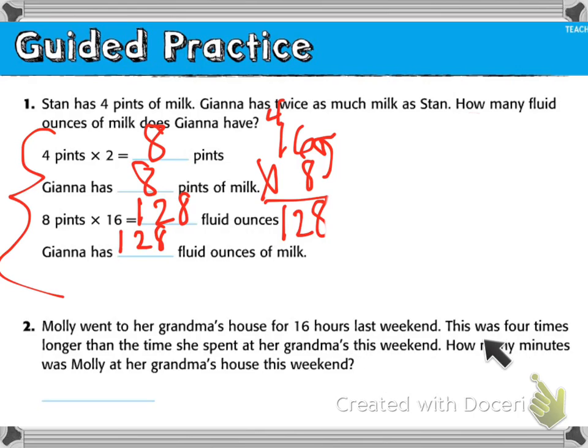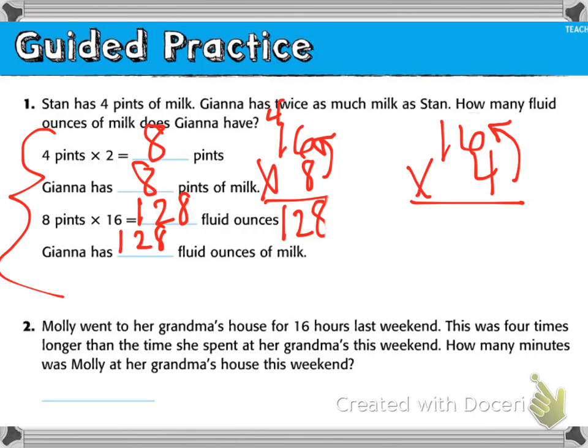Let's start with hours she spent at her grandma's this weekend. We need to figure out what's 16 times 4, because she spent 16 hours last weekend and 4 times that amount this weekend. So let's go 16 times 4.